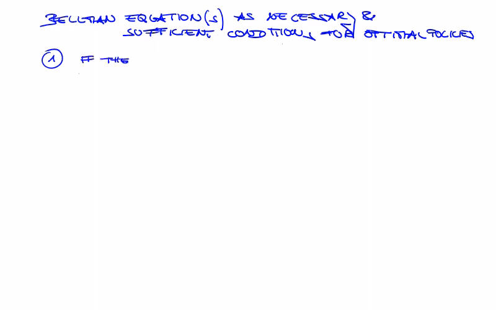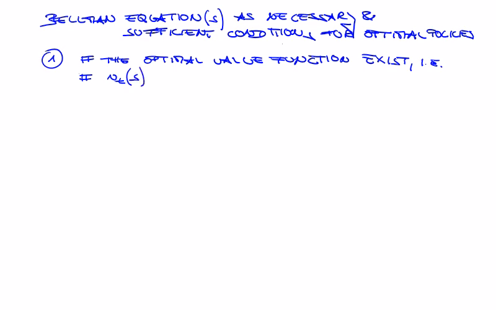If the optimal value functions exist, which is already a deep mathematical question, but here it means that for each optimal value function V_t, for each state that can be the argument of that function, this value is well defined, so it's not infinity for all t.